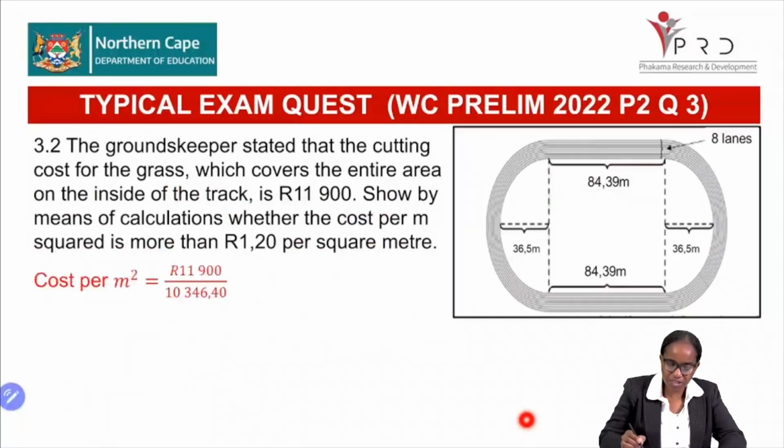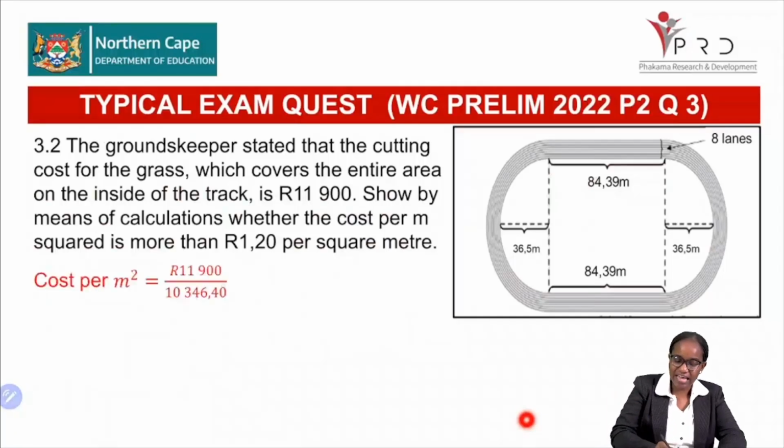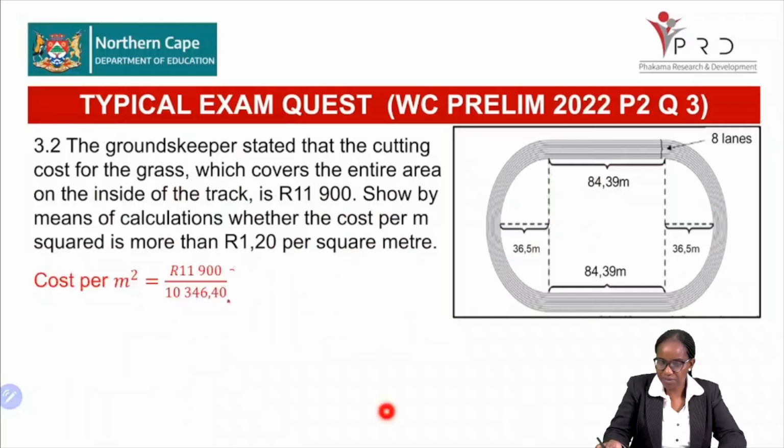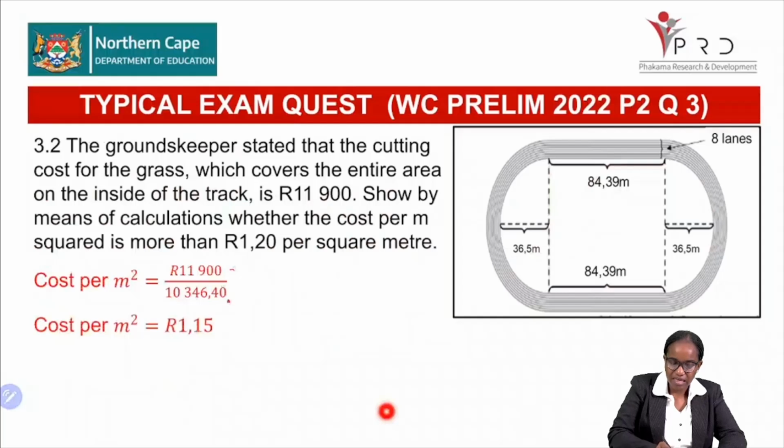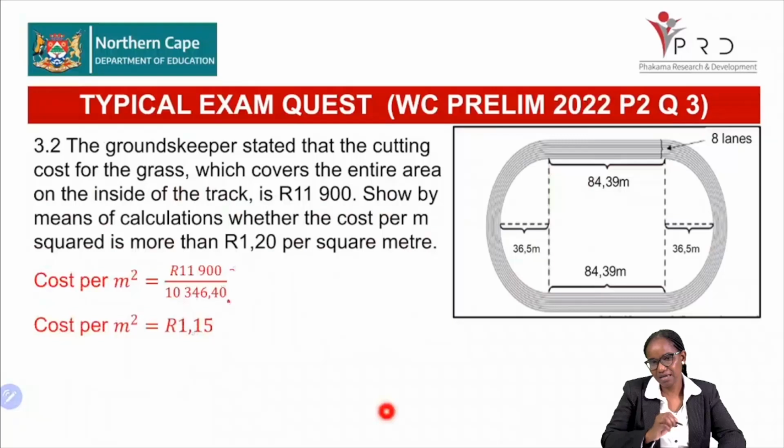So the cost per square meter will be given by the cost of the whole field divided by the area. And what do we get per square meter? That will be R1.15 per square meter.